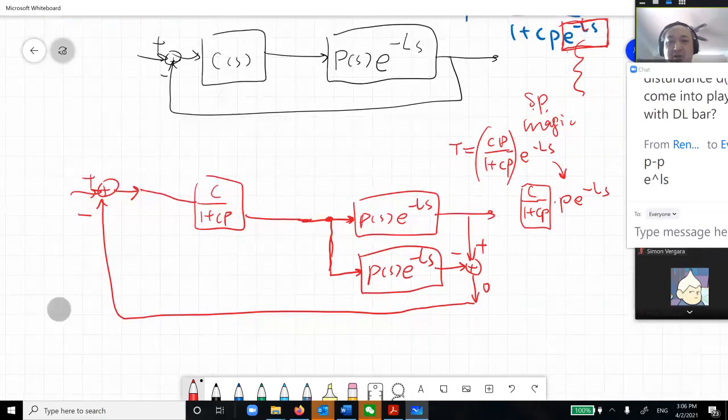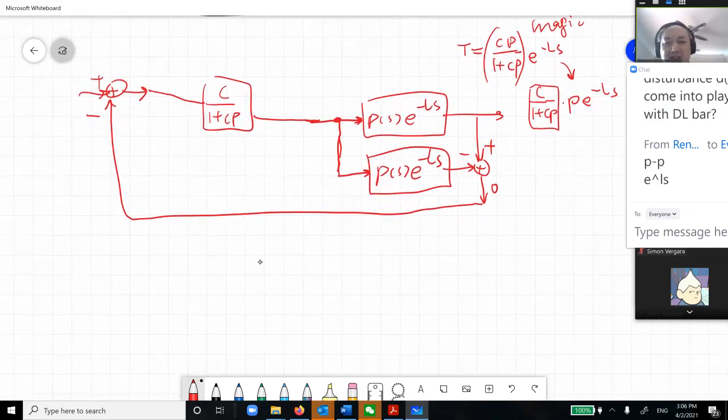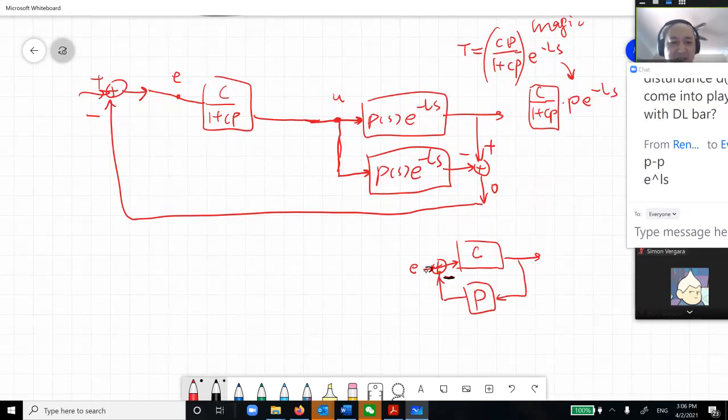But remember, what is C? Let's say this is U, this is E. How can you do that? E goes to C, then you get a P in here, and there is a minus here. This is my U. So this box will give me what?